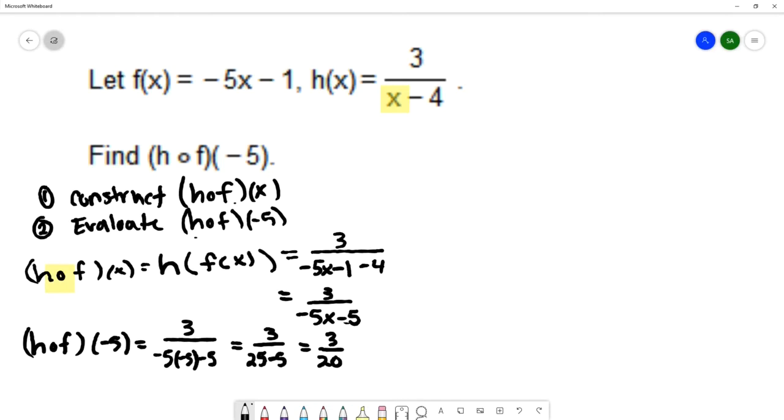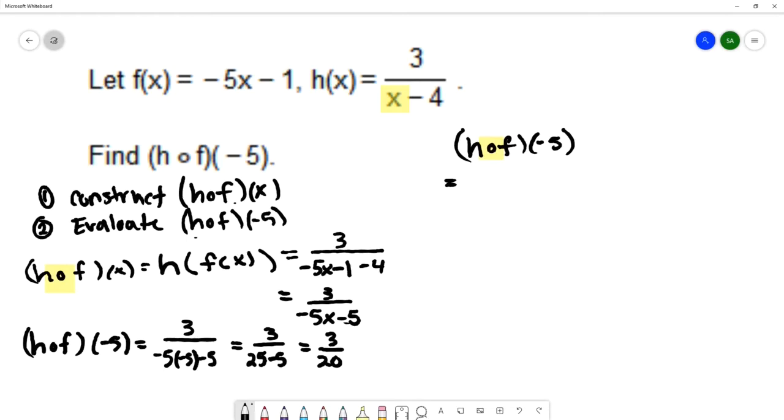So the other way to do it is to follow the definition of the symbols. So that's h composed with f of -5. And as I said a moment ago, the operation of composition means that we want to substitute one function inside of the other function.